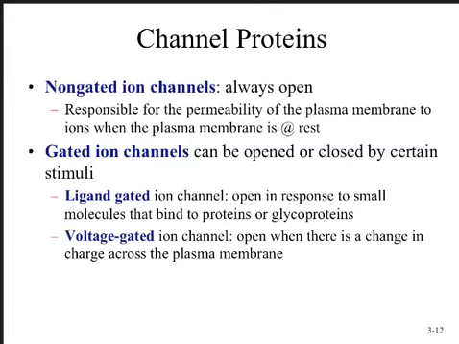What is a ligand? It's a small molecule that attaches to the binding site of the gated channel and pops the door open. Voltage-gated channels will open or shut depending on the difference in charge between the inside and the outside of the membrane around that particular channel protein. So depending on the voltage, the gate may open or the gate may remain shut.